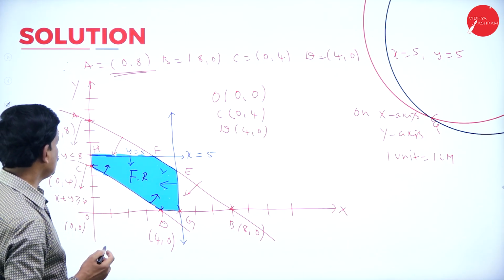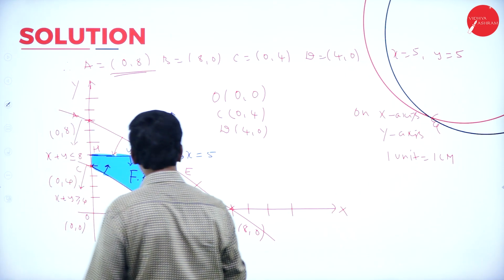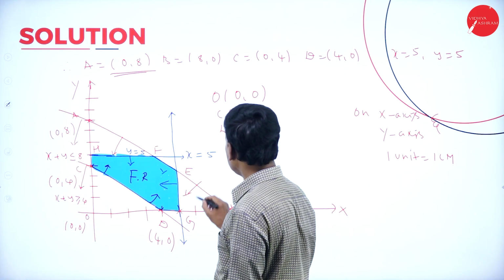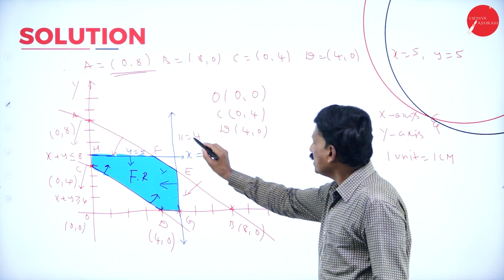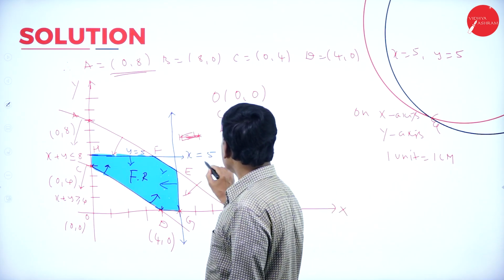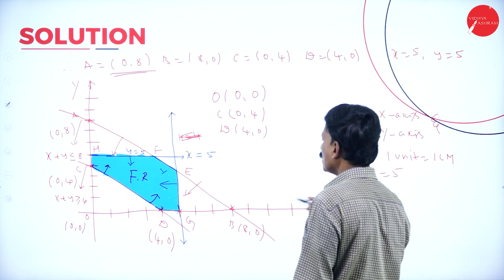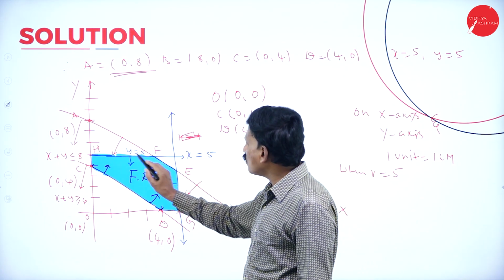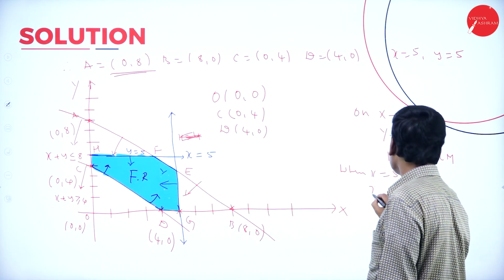Now, what is G, what is F, what is E, what is H? Here, this is a line, x is equal to 5. This is not 4, this is x is equal to 5. So when x is equal to 5 is in contact with this line, that is x plus y is equal to 8.